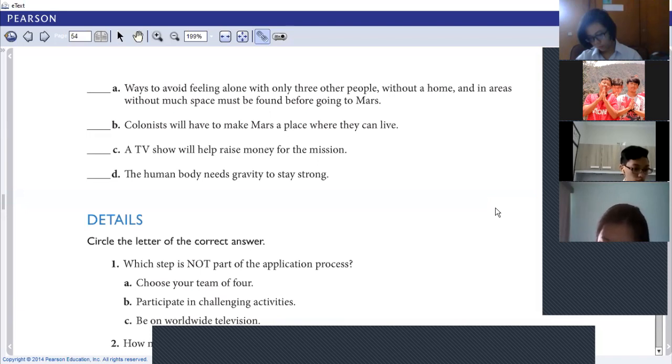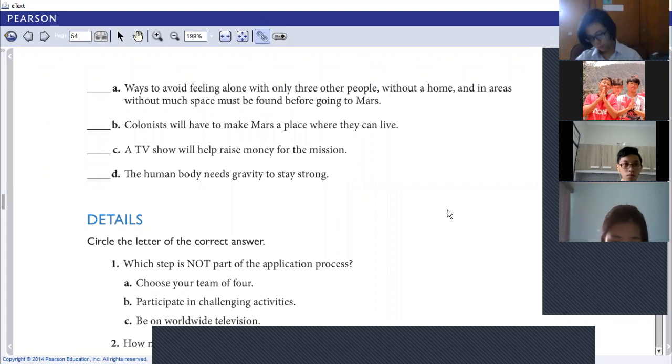Yeah, that is actually what refers to it. That is in paragraph 5. That sentence would refer to the sentence we're looking at. So that's the main idea sentence.